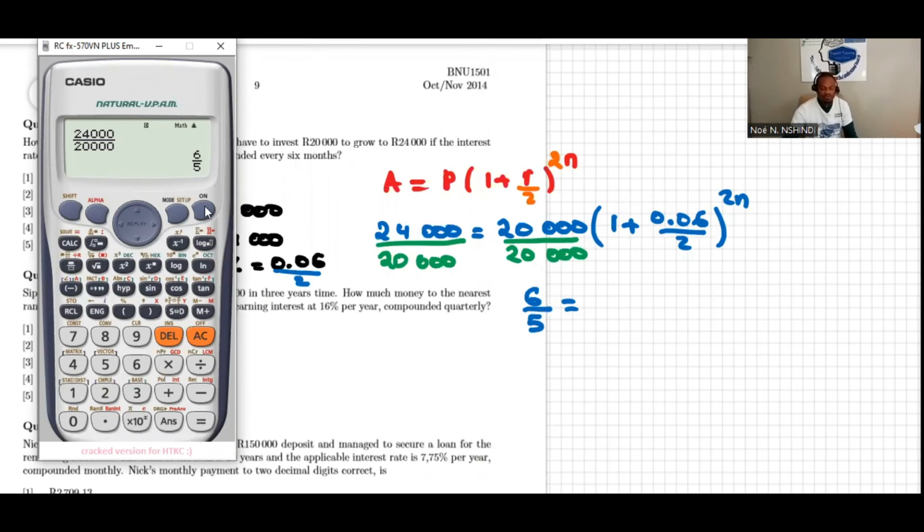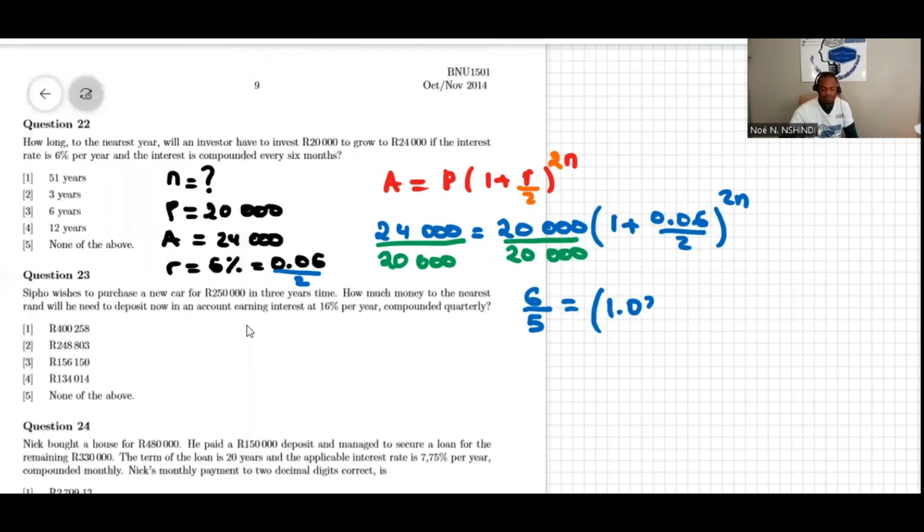Then 1 plus 0.06 over 2 is equal to 103 over 100. If we press the S-D button, we get 1.03. So this is 1.03 to the power of 2n.